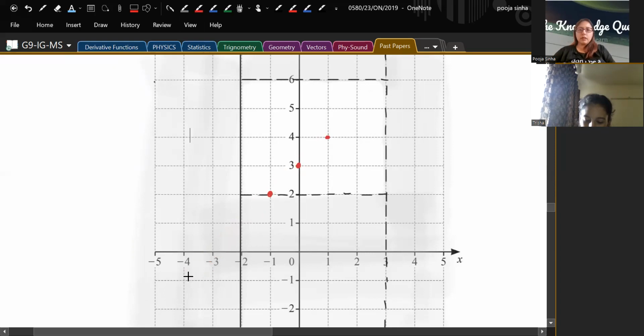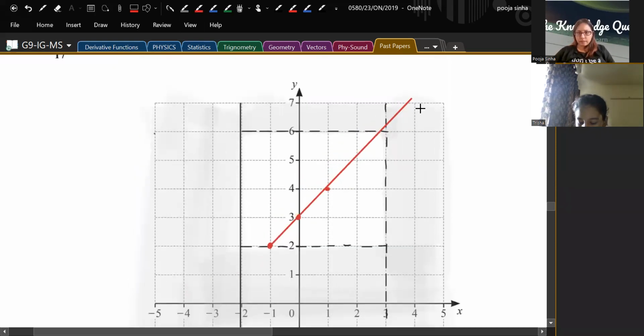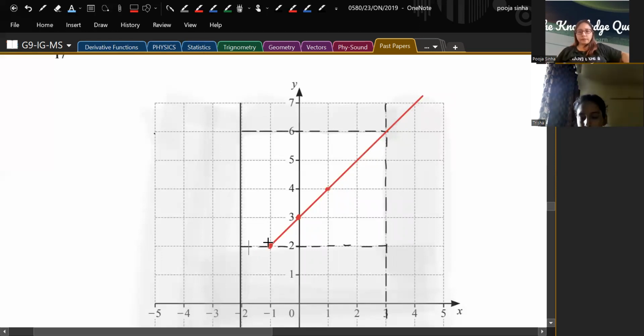That's your line. Still want to stretch this line further.